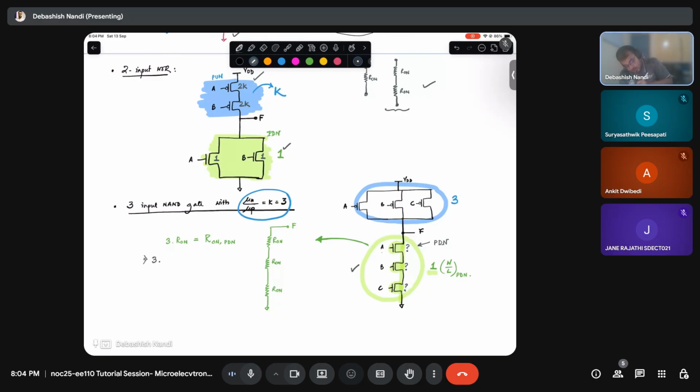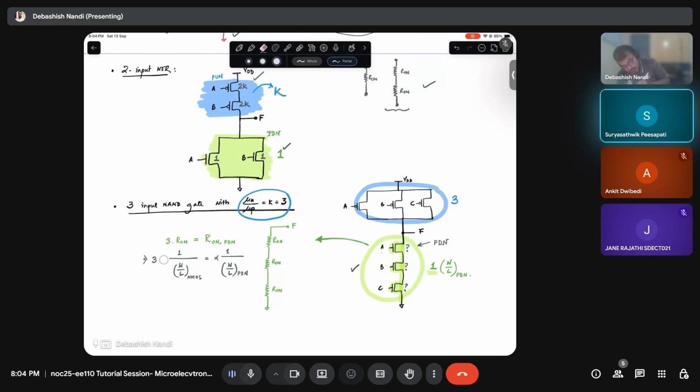R on will be proportional to 1 over W by L of the NMOSes, which has to equal something proportional to 1 over W by L of the PDN. Is that clear?